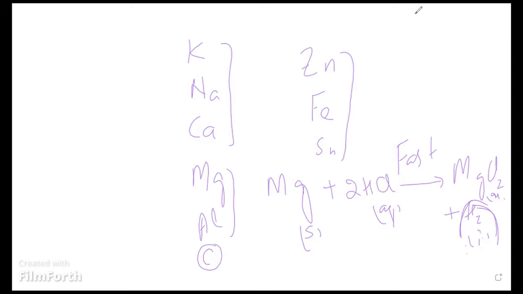Reaction of lead with dilute HCl is very slow, and this reaction stops very quickly. The reason is that insoluble lead chloride starts forming on its surface, which makes the reaction slow, and the reaction stops within a short time.